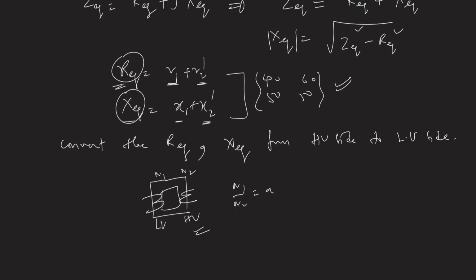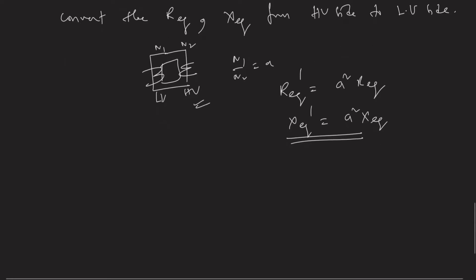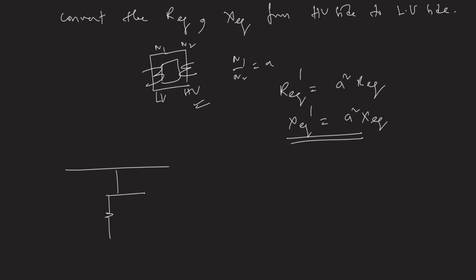So R equivalent dash is equal to A square R equivalent, and X equivalent dash is equal to A square X equivalent, right? Now once we get these parameters, I can simply draw the complete equivalent circuit.